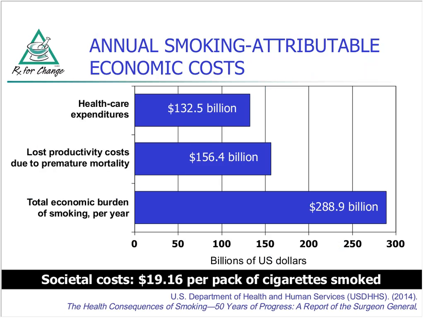And so in the United States, and these data were just updated in the Surgeon General's report, this number here I find to be astounding. For every pack of cigarettes smoked, it costs society over $19. That includes healthcare expenditures and lost productivity due to premature mortality. It doesn't include lost productivity because of increased morbidity.